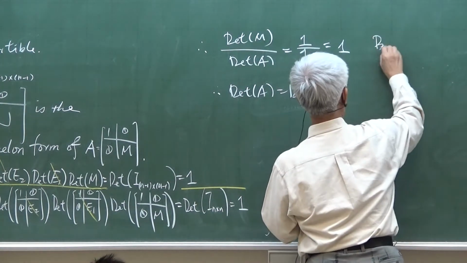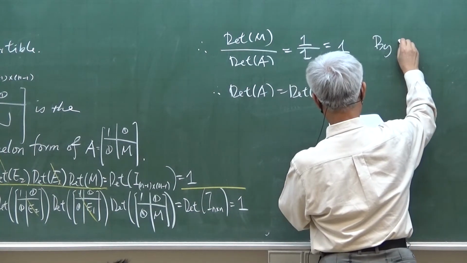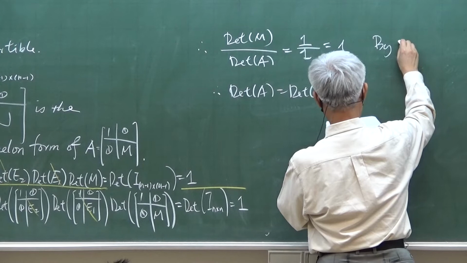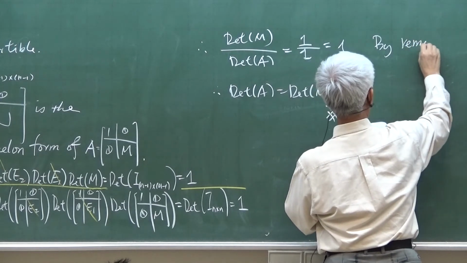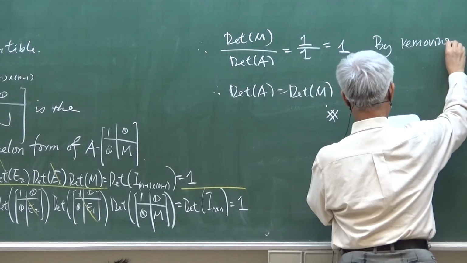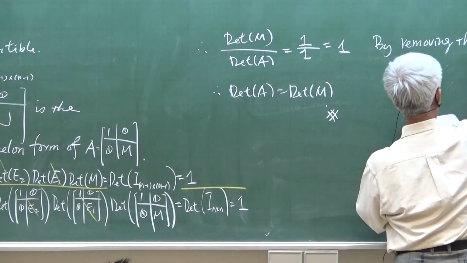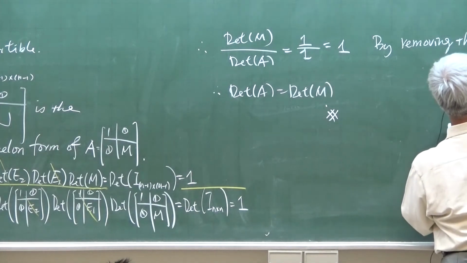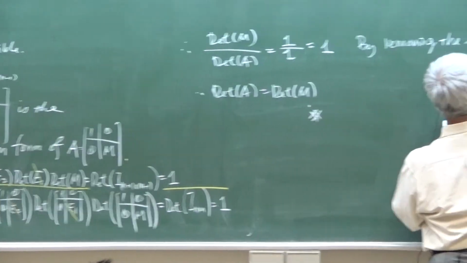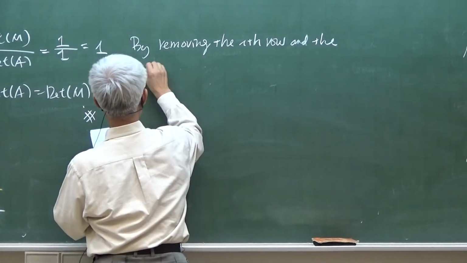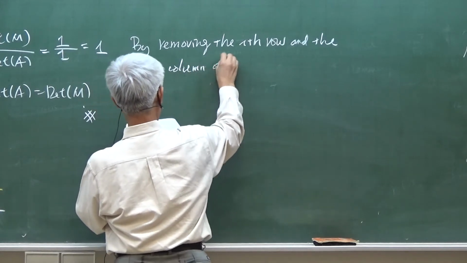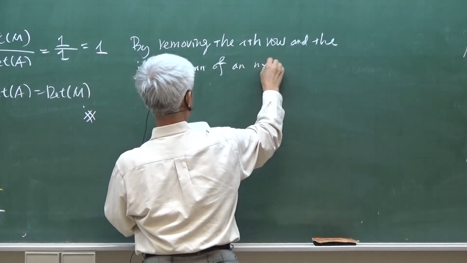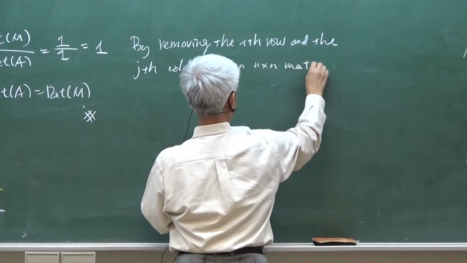Now, by removing the ith row and the jth column of an n times n matrix A.